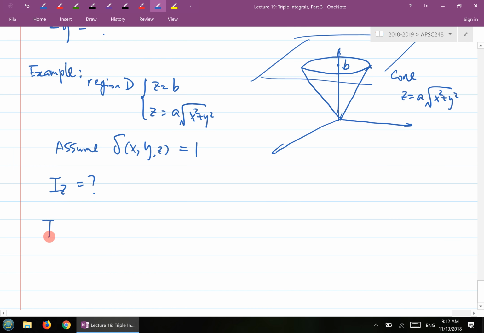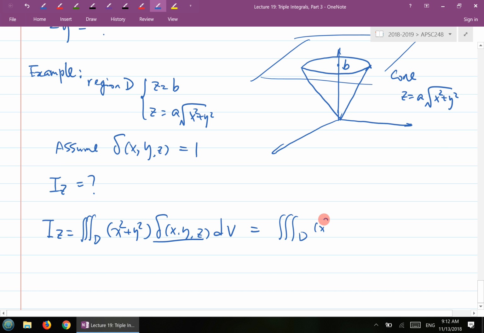We have our formula Iz already written down: x squared plus y squared times delta dV, and density in this case is 1, so that makes our life a little easier. So that's the formula for the moment of inertia about the z-axis.